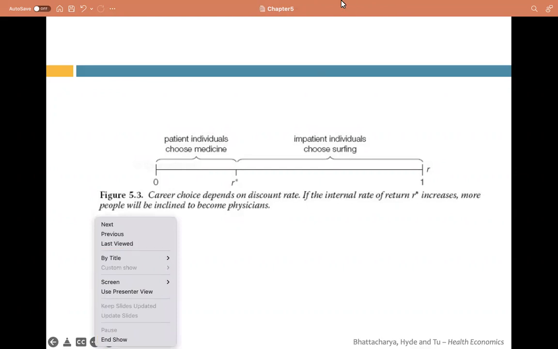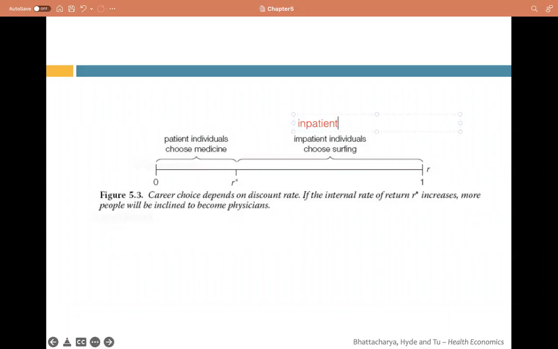I think it's actually impatient, not inpatient, which means you're hospitalized. But if your discount rate is smaller than the internal rate of return, r star, then you are seen as a patient person and you will choose the career of being a physician, or choose medicine.